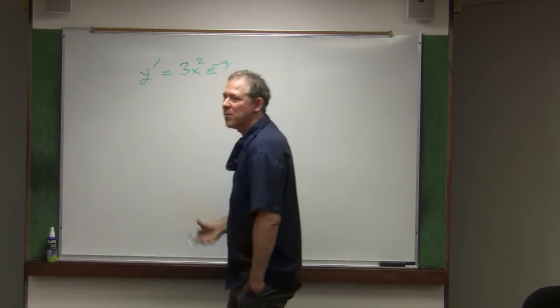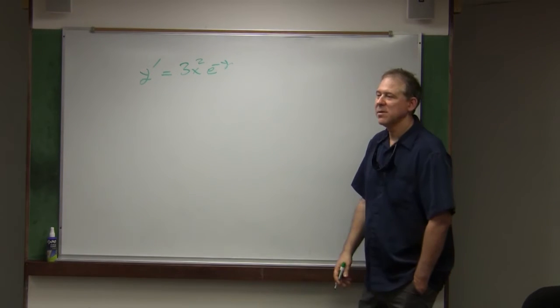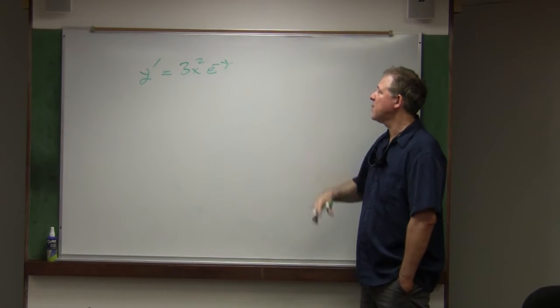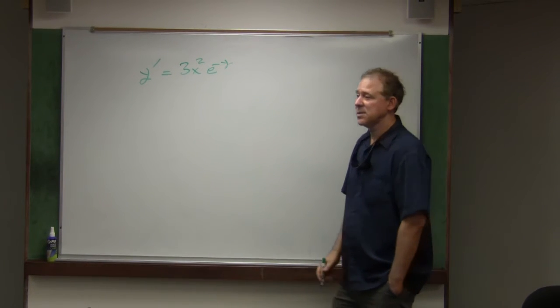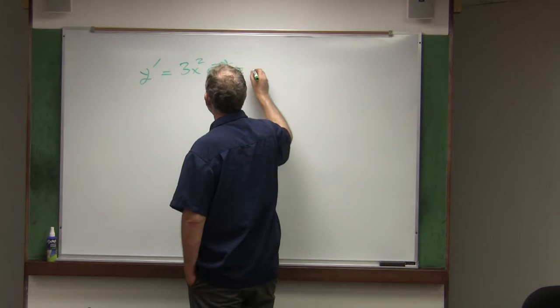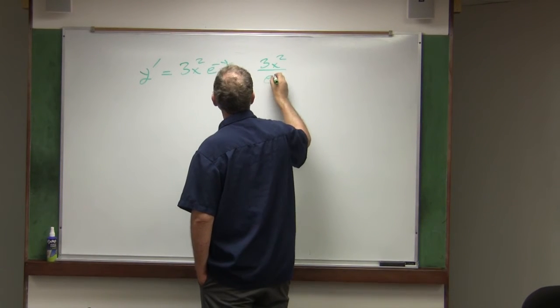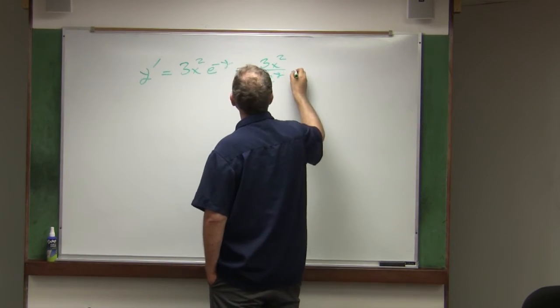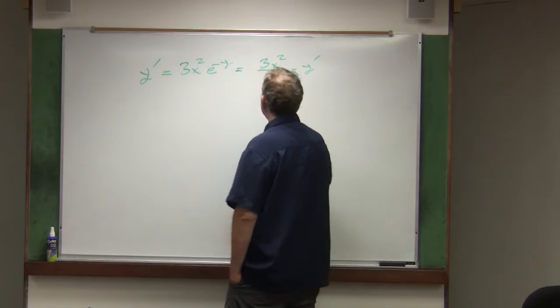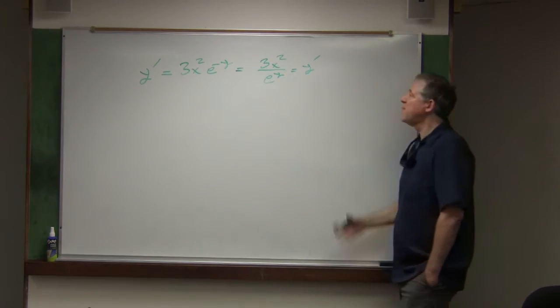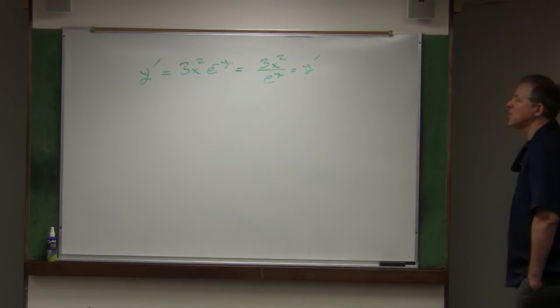Well, is it separable? It's the first thing you're going to ask, is it separable? Yes, because it can be rewritten as 3x squared over e to the y. Yeah? This is y prime. So it is a function of x divided by a function of y.